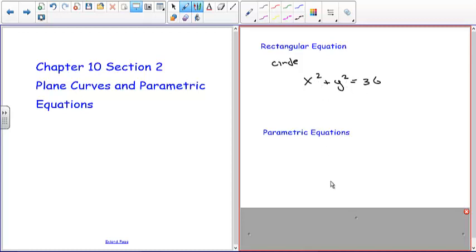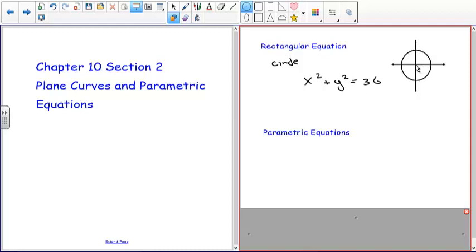I've just got them both on the same side of the equation. An equivalent parametric form of this curve, if I drew this curve, what would it look like? It would look like that, and then you'd have a circle. So this is a circle with a center at 0 with a radius of 6.